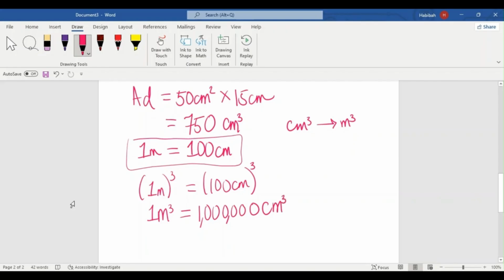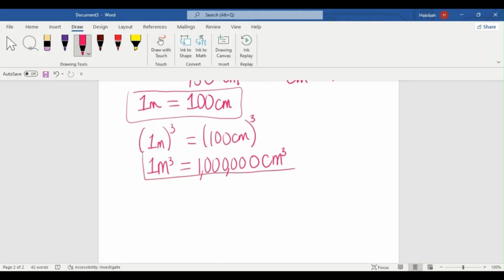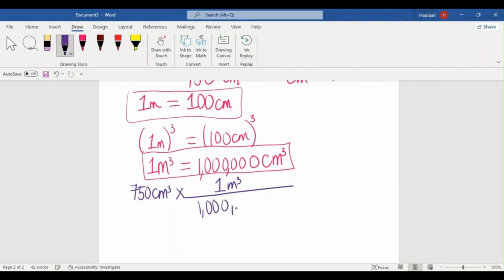So we're now going to have to go from 750 centimeter cubed to whatever this is. Now we've gotten the standard information that we need to do this conversion. So we have 750 centimeter cubed times 1 meter cubed, because it has to be at the numerator since that's what we're solving for, over 1,000,000 centimeter cubed.